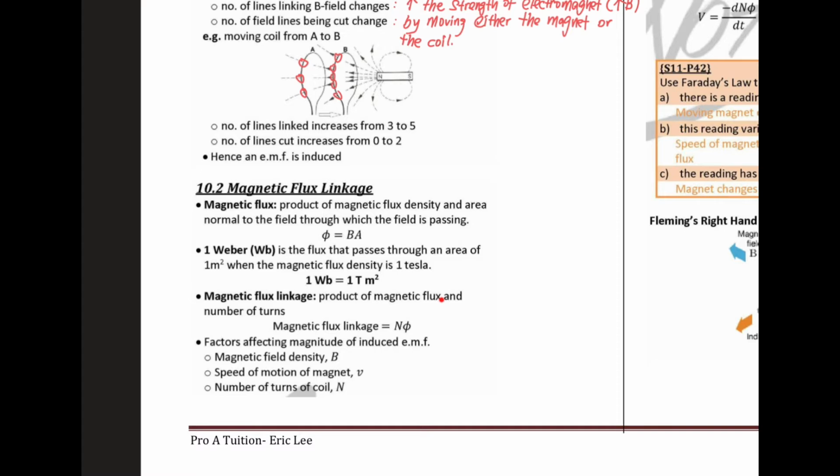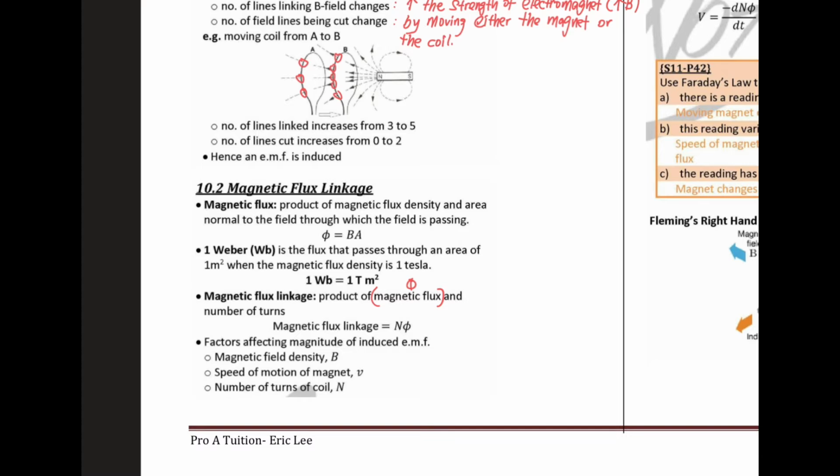Maybe you still don't know yet, but here I just tell you first, it's phi. Magnetic flux is phi. Okay, write down. So multiply with the number of turns of the coil, then you get magnetic flux linkage. You know the formula, but you don't know what that is, right? So we have to see later. So at least now you know that magnetic flux linkage is N multiplied with phi.